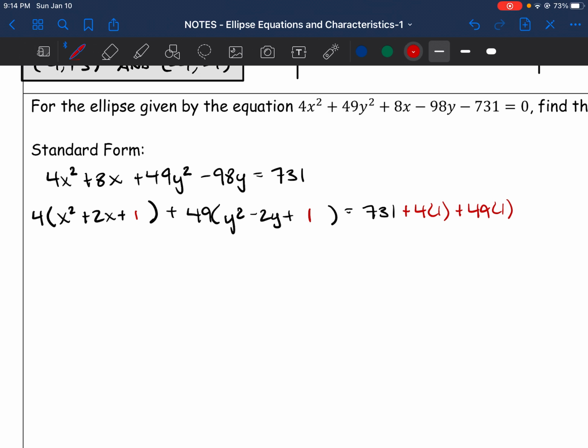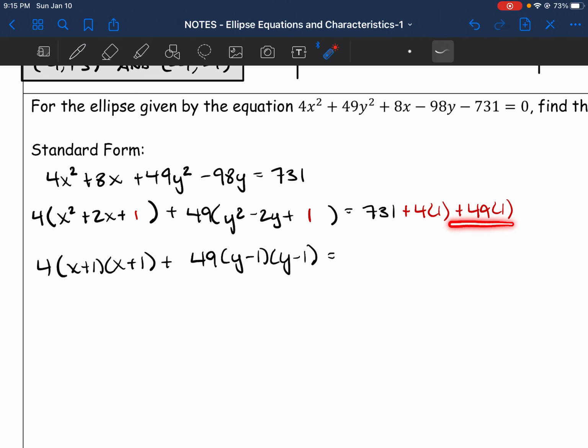Okay. Now let's continue our completing the square process. So x squared plus 2x plus 1 right here, that's going to factor into x plus 1 times x plus 1. Y squared minus 2y plus 1 is going to factor into y minus 1 times y minus 1.